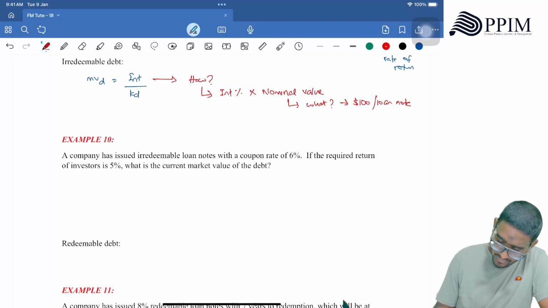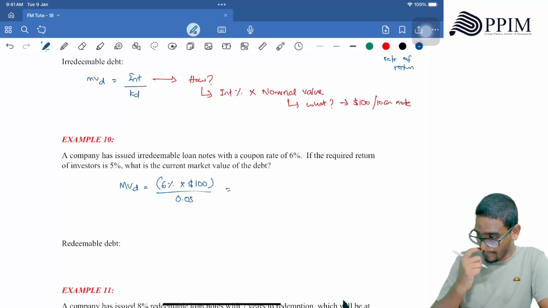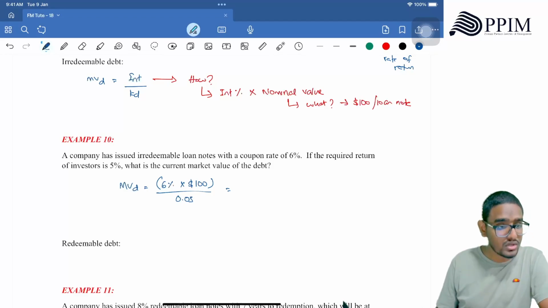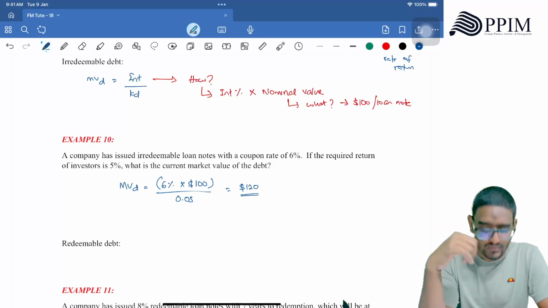So if you use this concept in your question, your market value of debt would be a 6% coupon rate into $100 divided by the required rate of return at 5%. This should give you 6 over 5, 120.